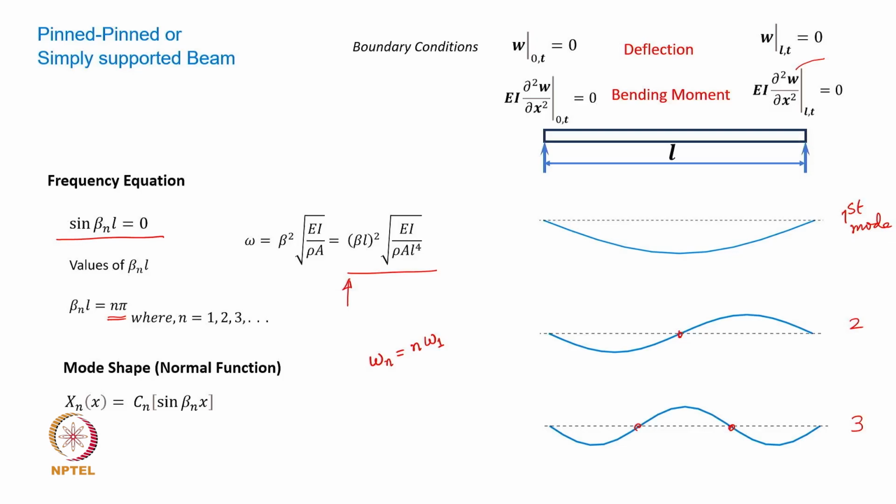These expressions are essentially the most accurate solutions. Of course, we have made assumptions in the beam derivation of the vibration frequency that we considered a simple Euler-Bernoulli beam theory, and therefore we could write M equal to EI times del squared w by del x squared.